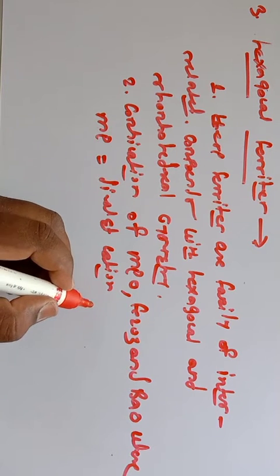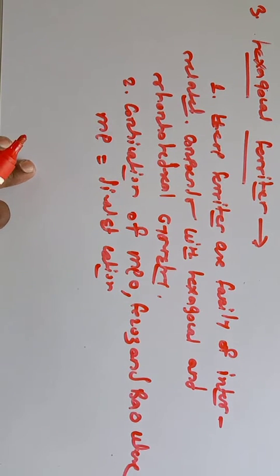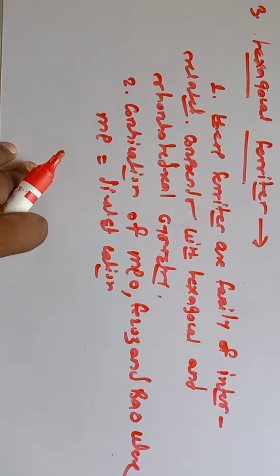So these ferrites are interrelated compounds with hexagonal or rhombohedral symmetry. The composition is a combination of three oxides, that is MeO, iron oxide, and barium oxide, in which Me is a divalent cation.